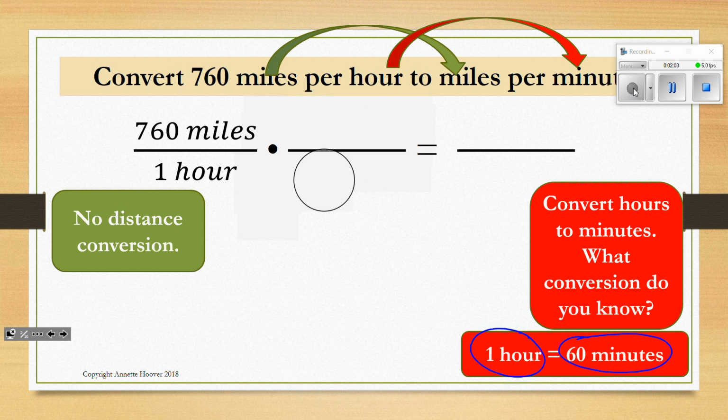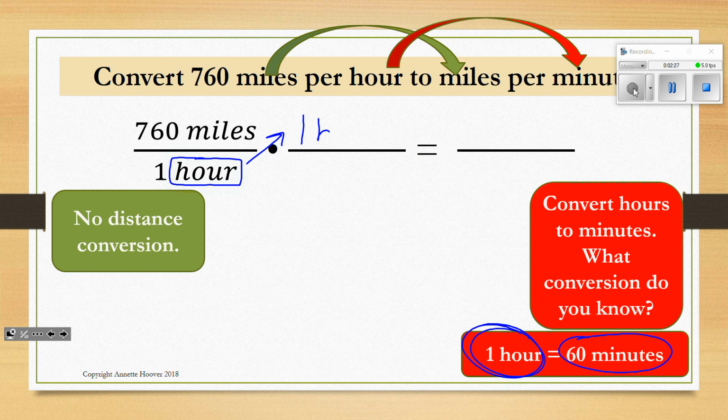So we want the conversions to cancel out. So when you're deciding what goes on top and what goes on bottom, you want the opposite so they will cancel out, like this. Since we're converting hours and minutes, the hours, as you notice, is on the bottom of the first ratio. That means when we set up this conversion, the 1 hour is going to go on top.